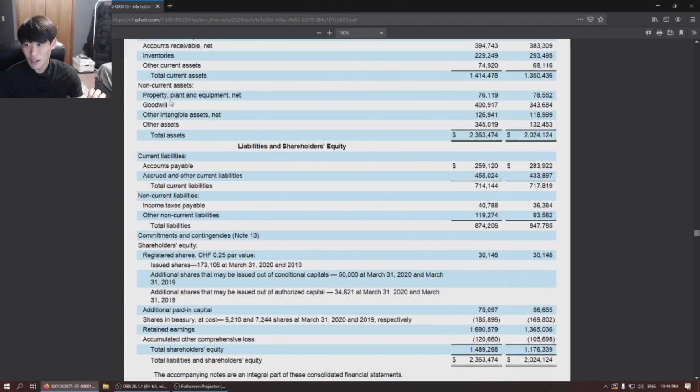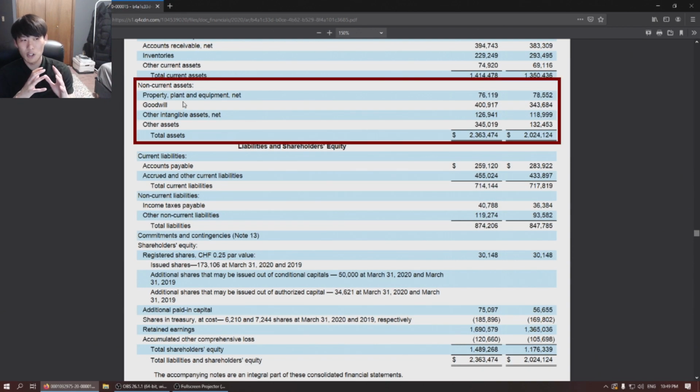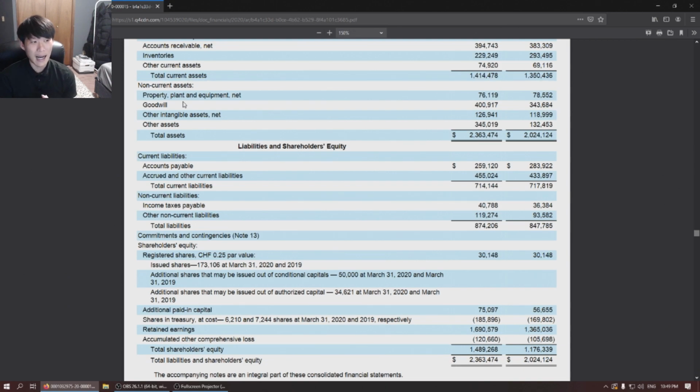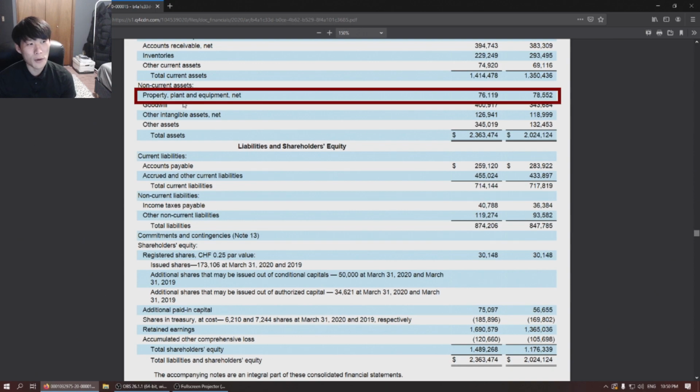So non-current assets are like your manufacturing plants, your equipment, anything of value in that sense. These are typically for the longer term, not for the short term. The first line here is property, plants, so manufacturing plants.